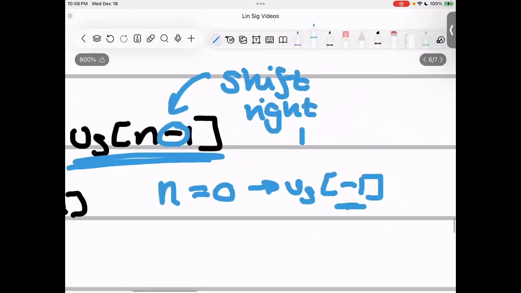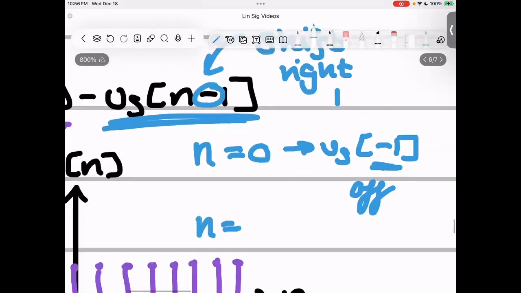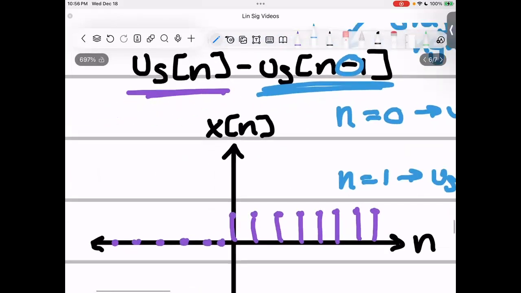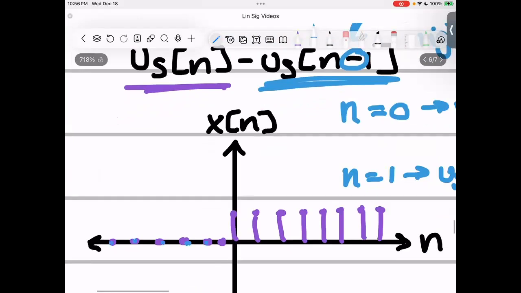And now the n inside, our new little fake n, is negative, so it's actually going to be off. But then at n equals 1, we're going to have the unit step of 0, which is on. So this one's also going to be 0, 0, 0, 0. At 1, it's going to be 0, and then here, it's going to start turning on.